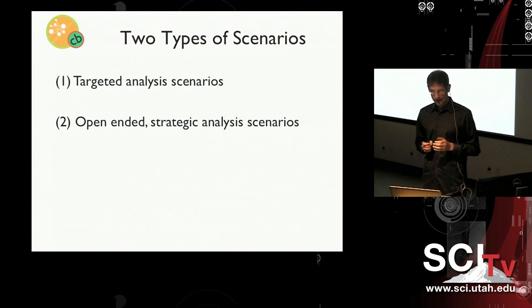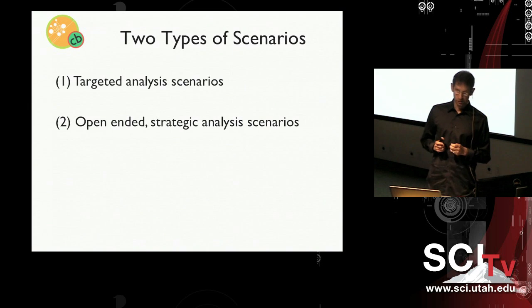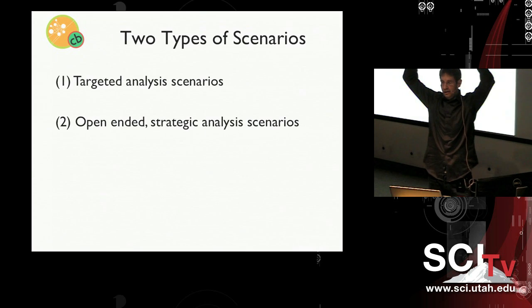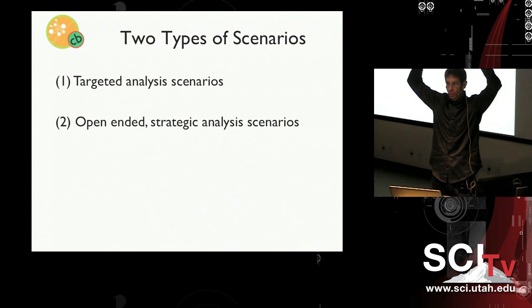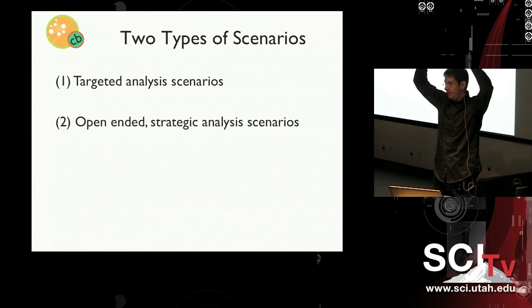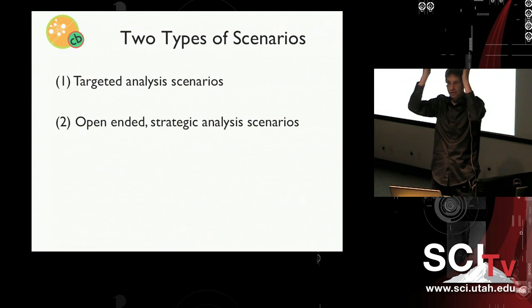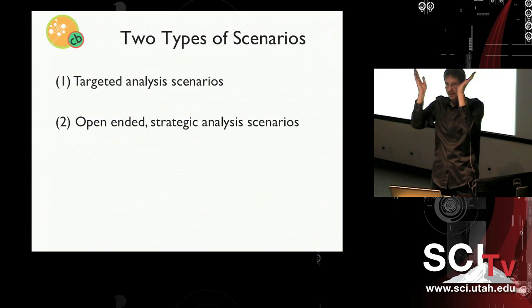And both scenarios have something in common. They both often follow an hourglass shape analysis process, where at the top, you start with a lot of data and you really don't know what to look at. And then you either apply interactive or computational techniques to find a point of interest. And then you really narrow down and you're trying to understand as much as possible about this specific data point.